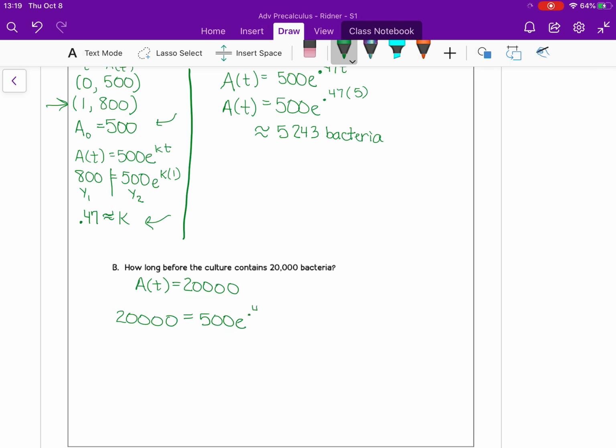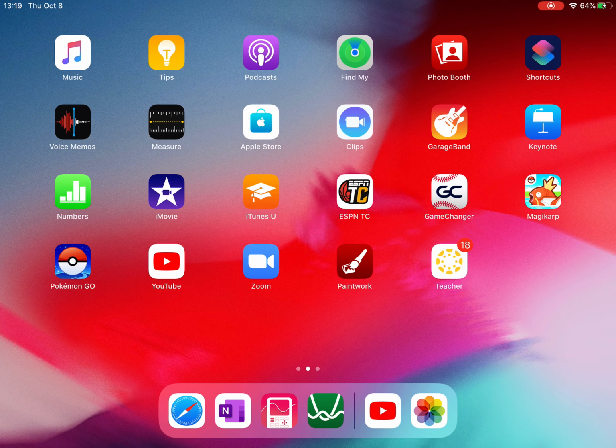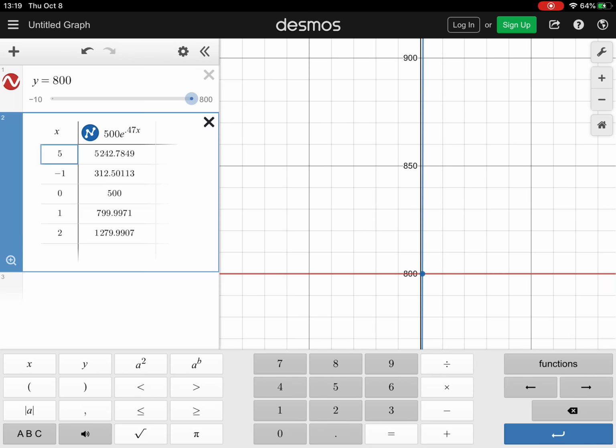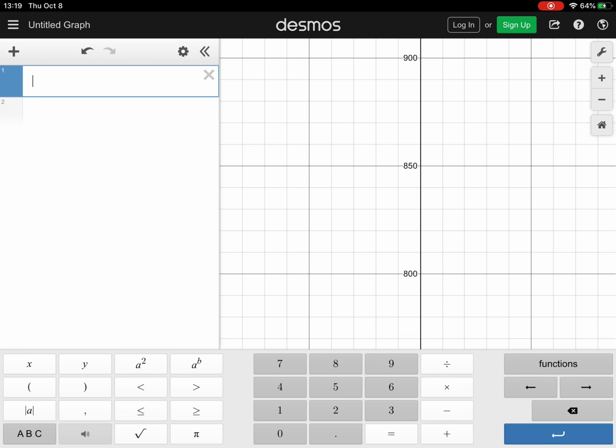So 500 e to the 0.47t. Again, I could divide by 500, and then I would have to do something called ln to solve. We haven't got that far. I promise we will. So if you want to revisit this in the solving manner later, then absolutely we can. But for now, let's use our resources and solve using our calculator.